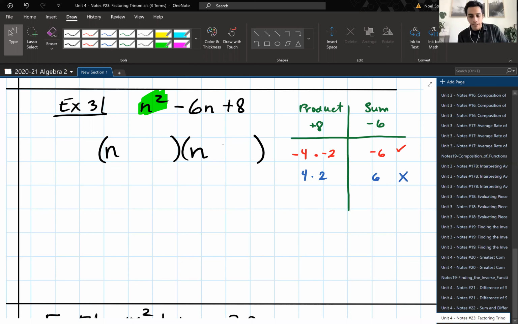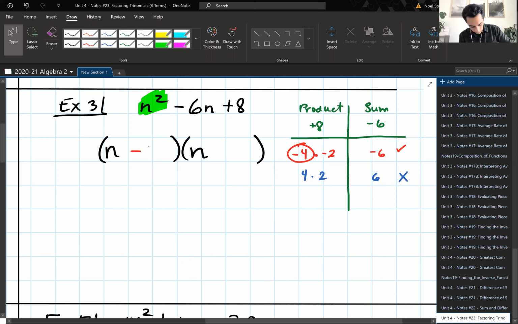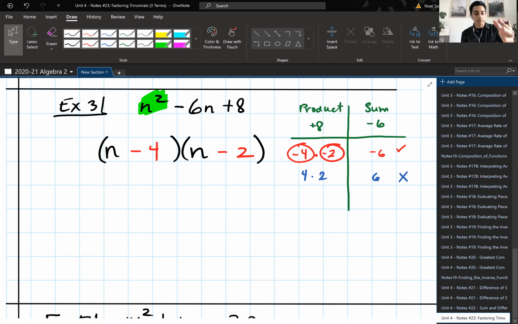It won't be n minus 4. It will just be whatever factor you have. So the factor is negative 4, so it's n minus 4. What's the other factor? Negative 2, so then it'll be n minus 2. It's not minus the factor. It's just whatever that factor happens to be. If it was a positive 4, it would have been plus 4. If it's a minus 4, it's just minus 4.